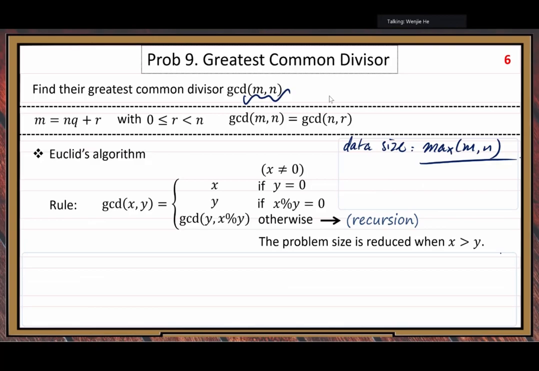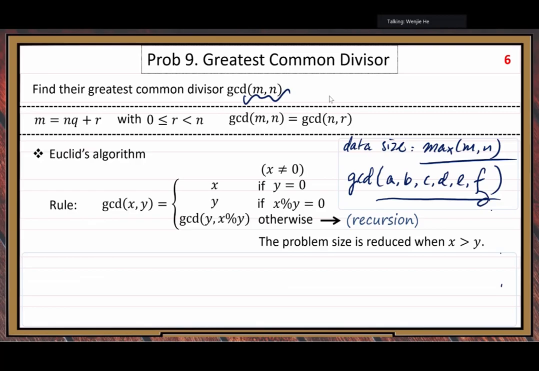For example, GCD. Can we calculate GCD of multiple numbers, many numbers? For example, GCD of A, B, C, D, E, F, a sequence of numbers, right? In that situation, what is the data size?